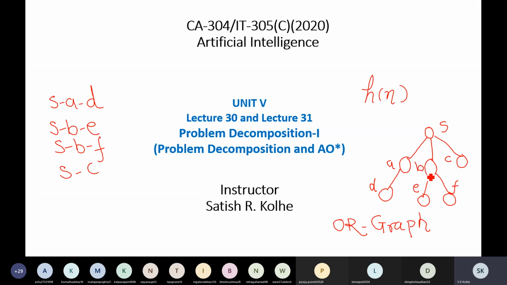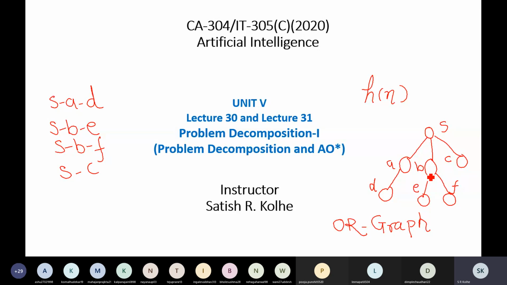Some of the subproblems you can solve by solving several subproblems together, and then you gather those results. That's how that particular subproblem will be solved.